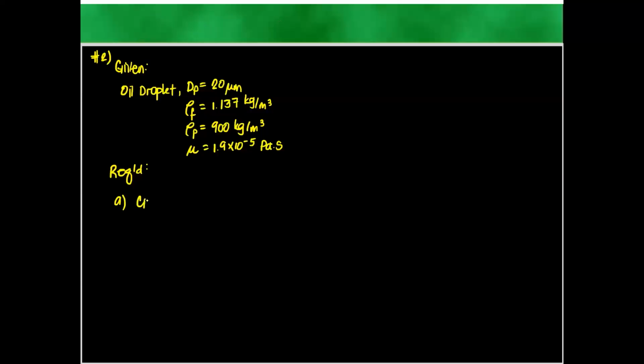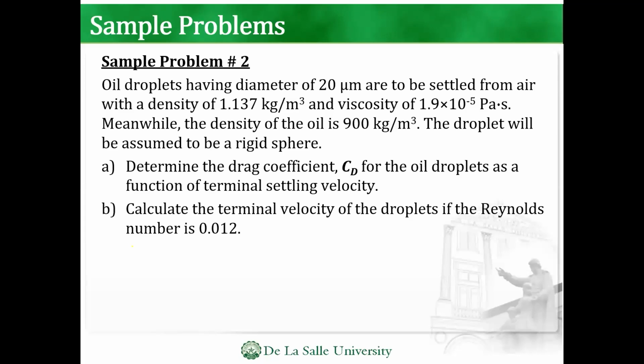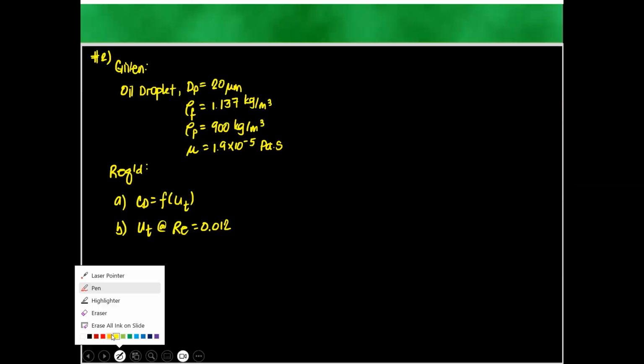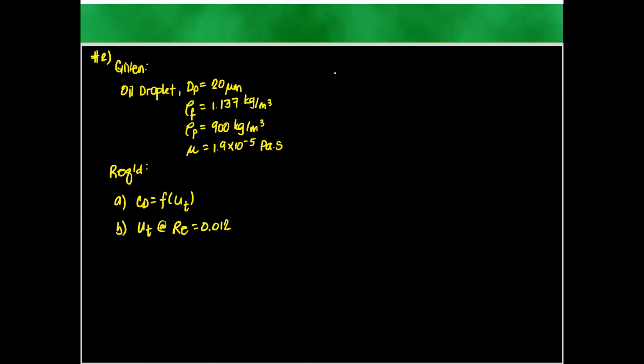CD as a function of the terminal velocity. And then letter B, the terminal velocity of the droplet, UT, when the Reynolds number is 0.012. So with that, let's go again to the formula.